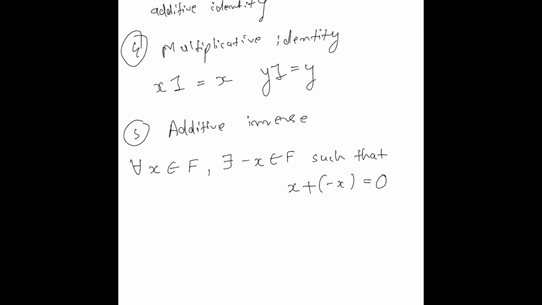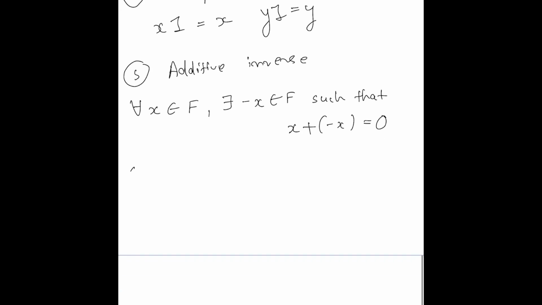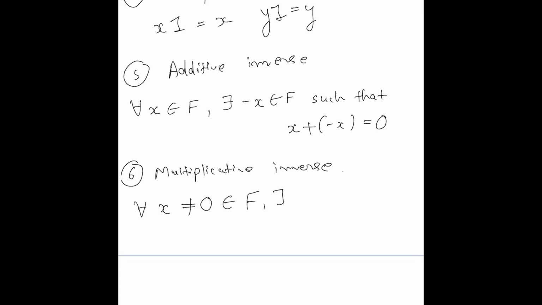Similarly for the multiplicative inverse: for all x not equal to 0 belonging to F, there exists x inverse belonging to F such that x multiplied by x inverse is equal to 1. It's easy. I will go with an example and then we can go through it together.